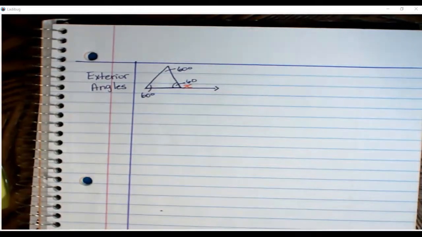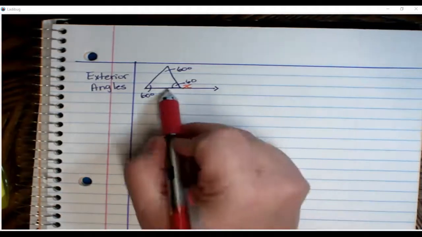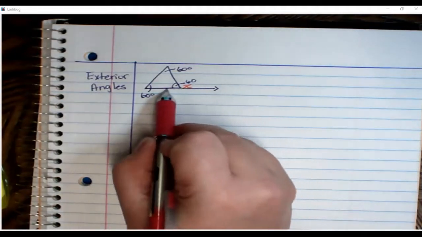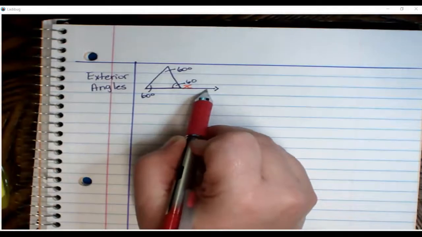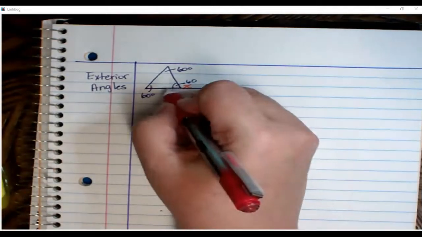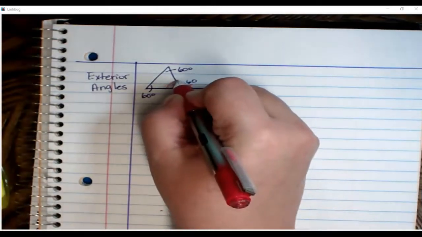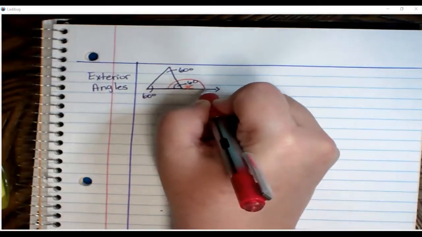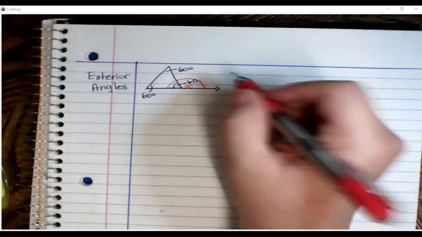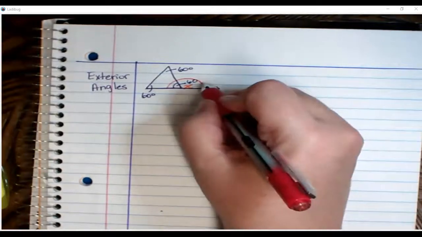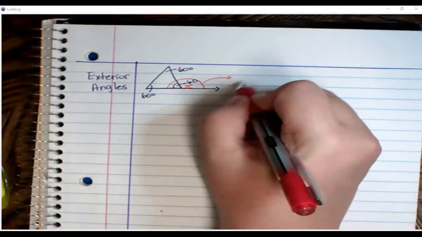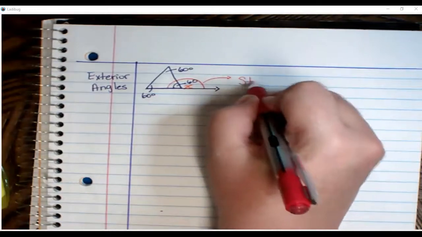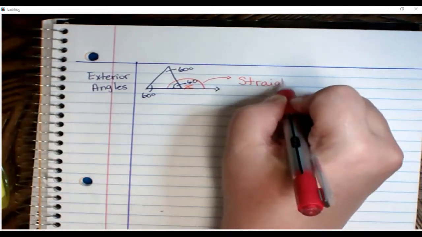And I want to know, what is that angle measure of angle X? Well, what's happening here? Isn't this a straight line, the same thing as a straight angle? That's 180 degrees. So if I take this acute angle right there, plus this obtuse angle, it has to equal 180 degrees, because together these two angles make a straight angle.